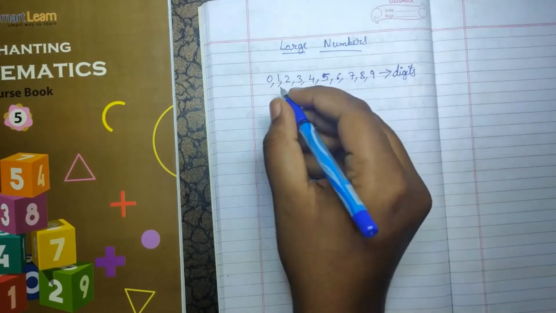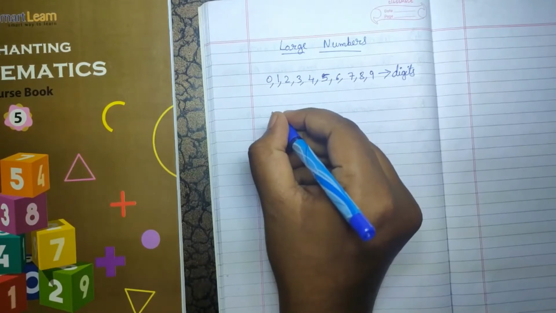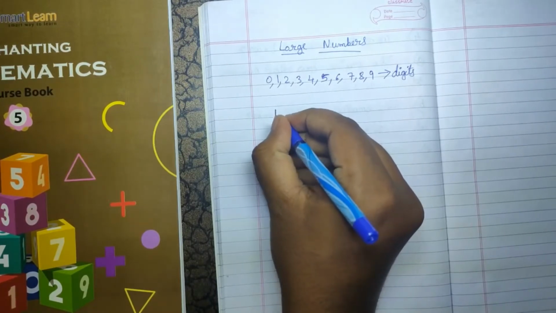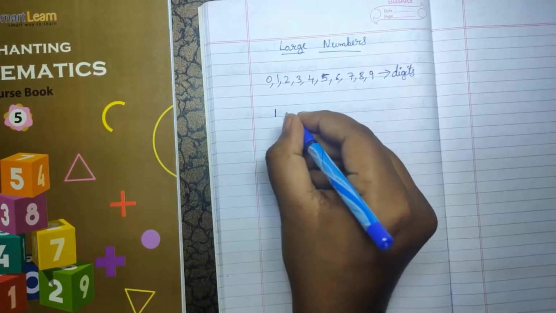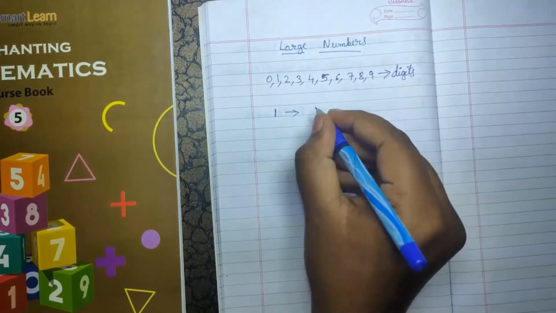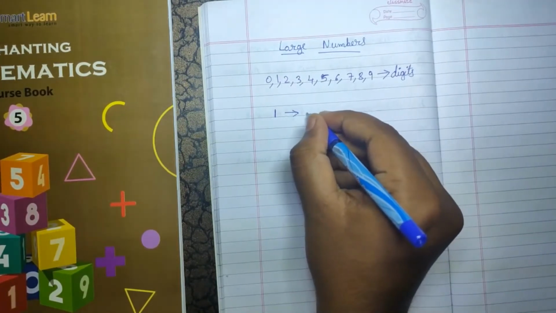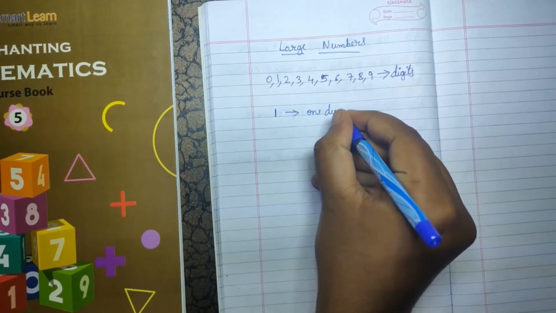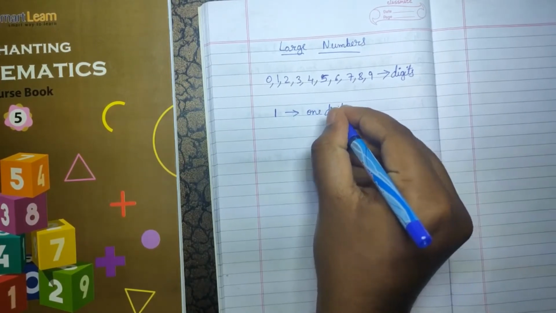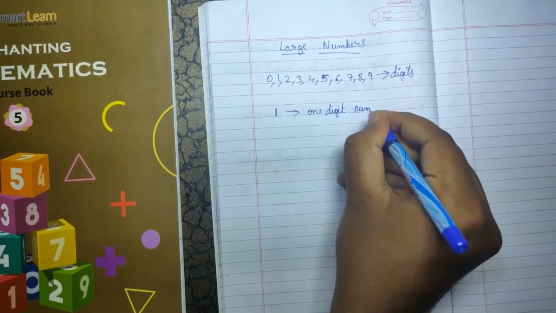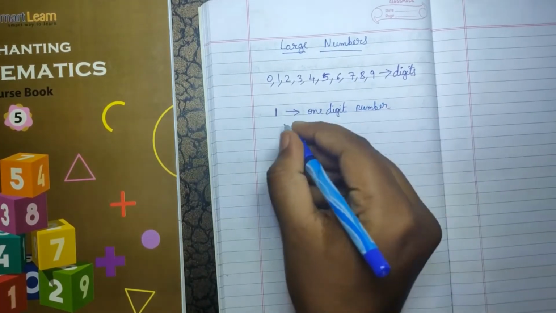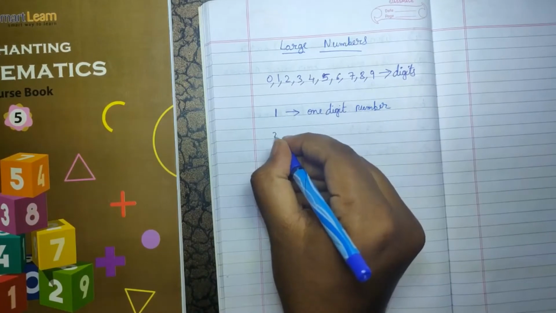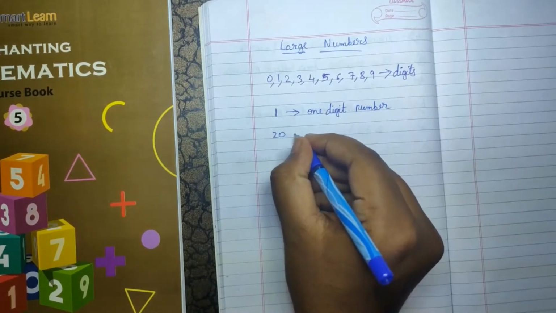Okay, so 1. This is how many digit number? It is a 1 digit number. 20.